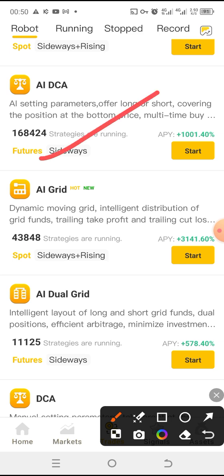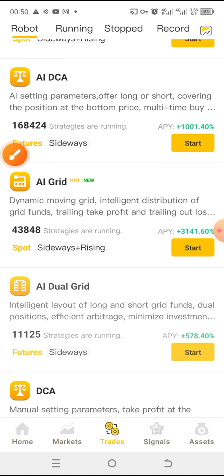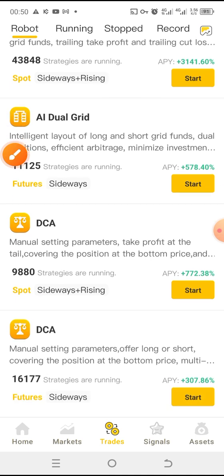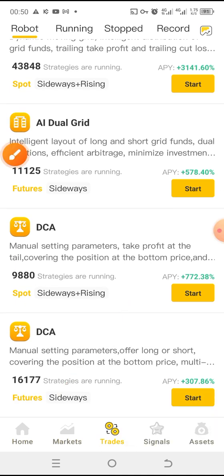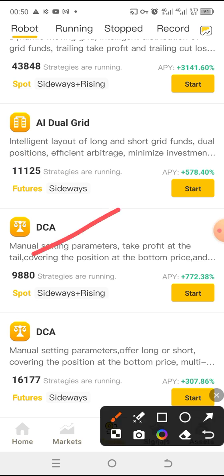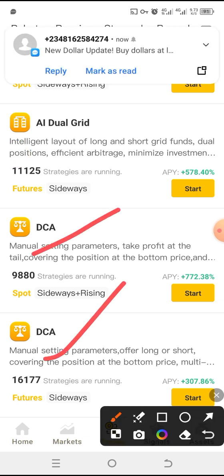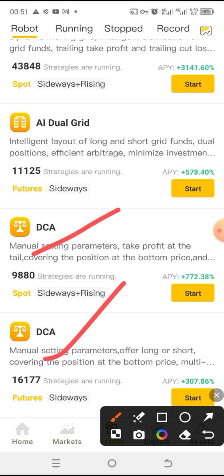So this is AIDCA, and this is AI dual grid. Then we have DCA futures also. Now, like I said when I was explaining spot, this DCA, we have it in spot, we have it in futures also, and it's the same thing.